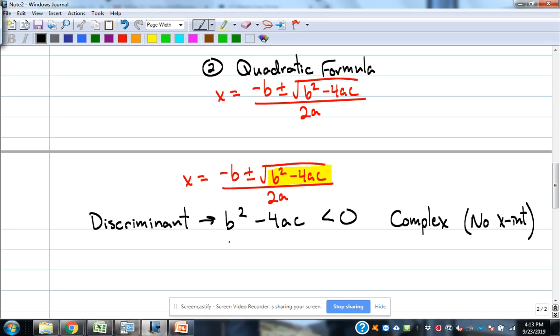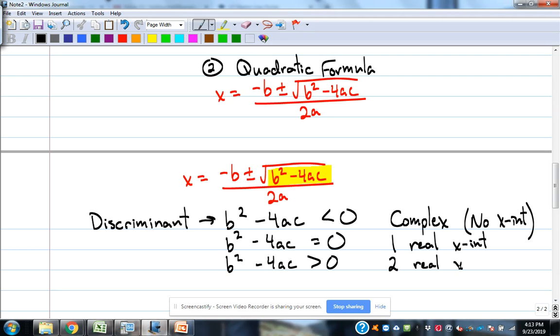If b squared minus 4ac is equal to 0, then we have one real x-intercept. If it's greater than 0, we have two real x-intercepts.